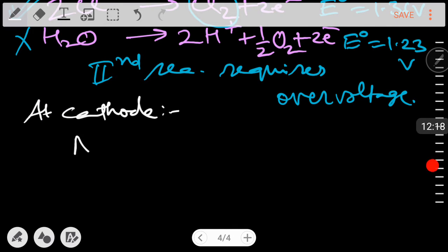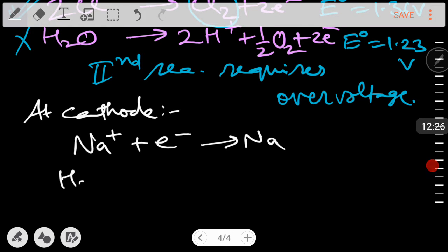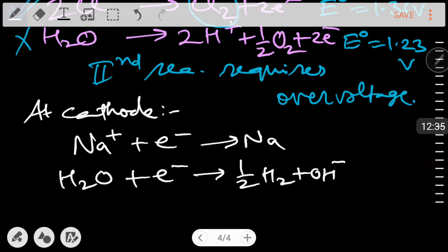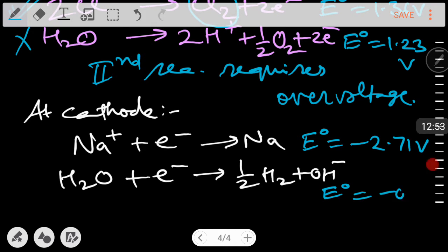At cathode, Na plus ion will go where it gets reduced to Na. And water may also be reduced here to give half H2 and OH minus ion. E naught value for the first reaction is minus 2.71 volt, and for the second reaction it is minus 0.83 volt.